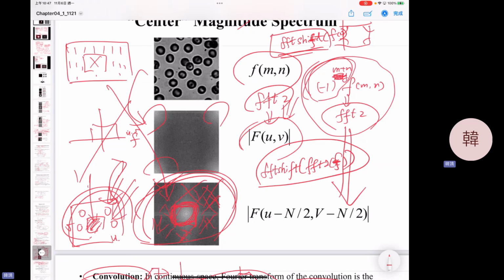So the result becomes a smoothing effect. Like your personal head photo, you need a low pass filter, otherwise you don't want to highlight the pimple on your face. So this is applied for a smoothing effect, and the other is for enhanced edge detection.